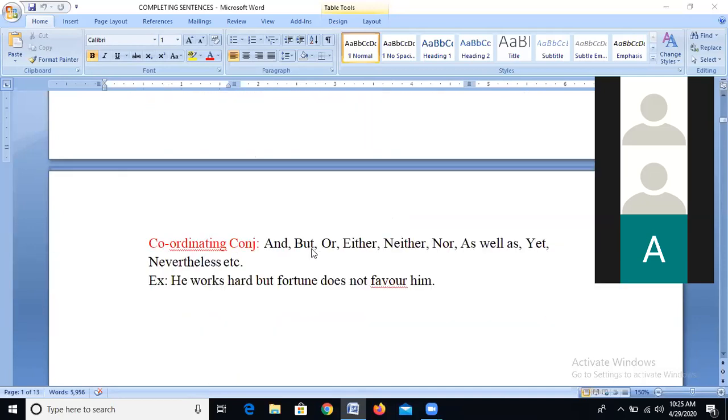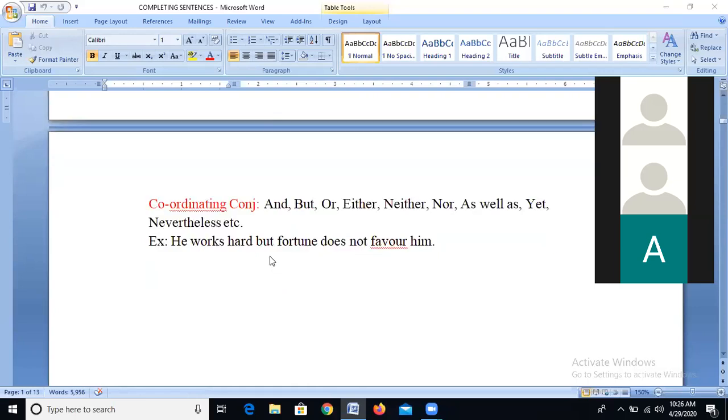Now if you come to the next example, he works hard but fortune does not favor him. He works hard, this is the principal clause, but fortune does not favor him. This clause starts with but. So this is a coordinate clause. This is not a subordinate clause. Why? Because it starts with a coordinating conjunction. So what is the coordinating conjunction? But. Okay.